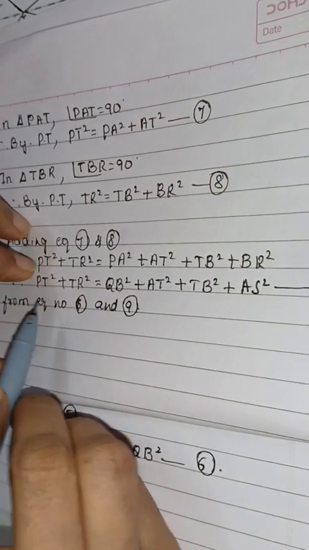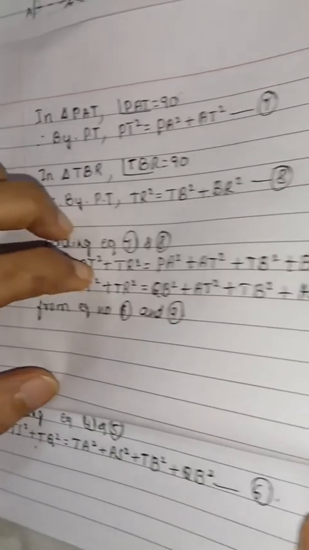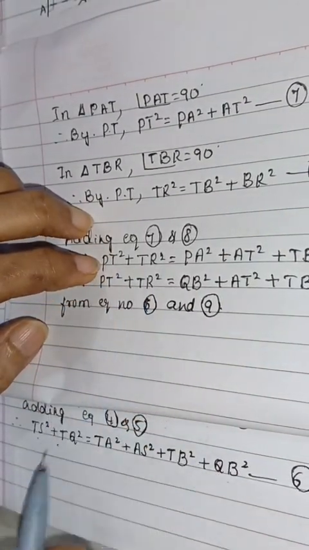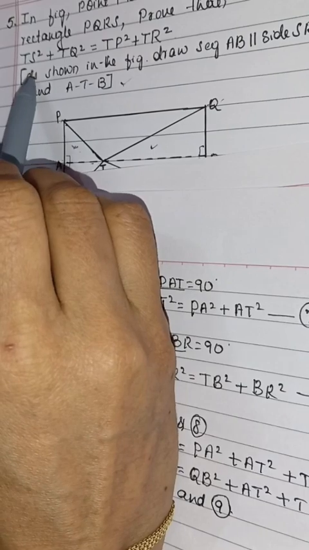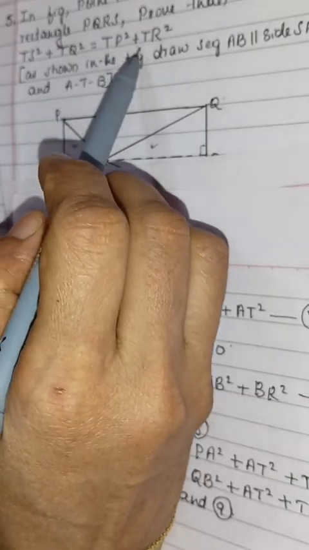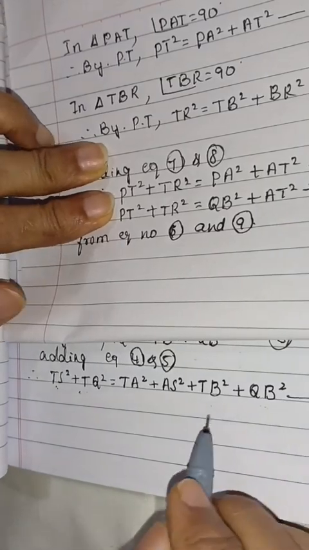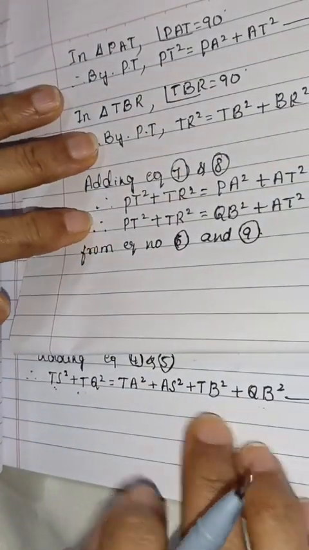Therefore, left hand side is equal. Therefore, PT square plus TR square equal to TS square plus TQ square. That is what we have to prove here. So we'll write from equation number 6 and 9, right hand side is equal.